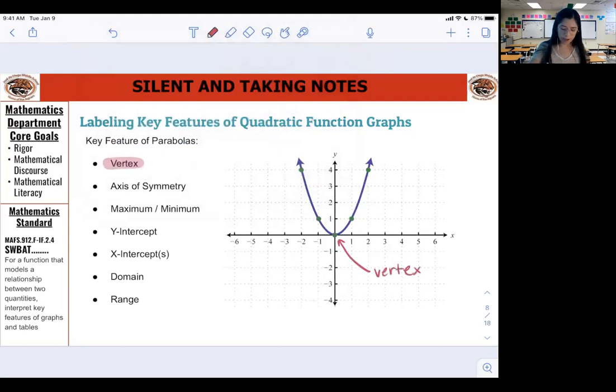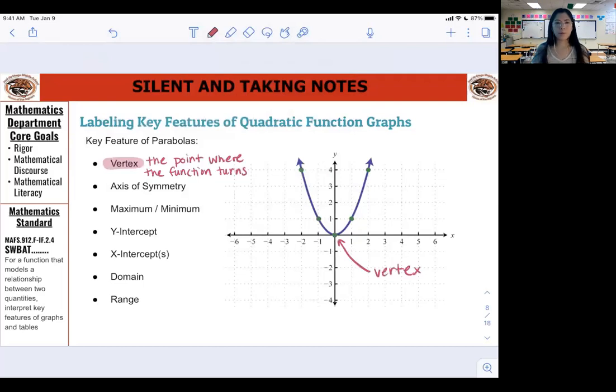And you can think of it as the point where the function turns. Because you can think about it like the function goes down and then it goes up. It goes down, it hits the vertex, and then from there it goes up.